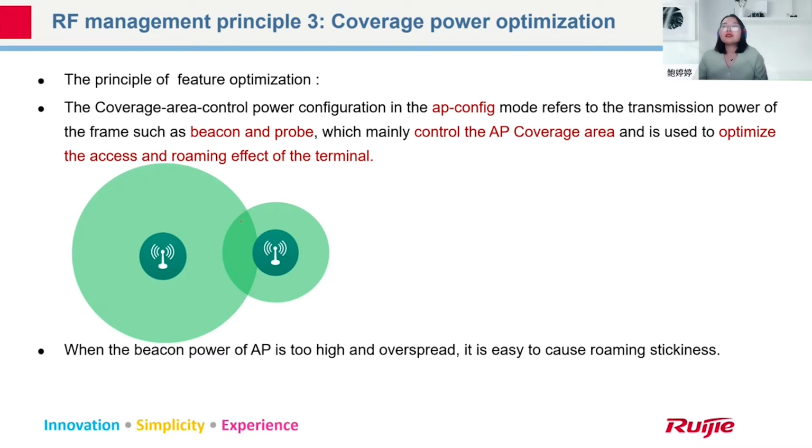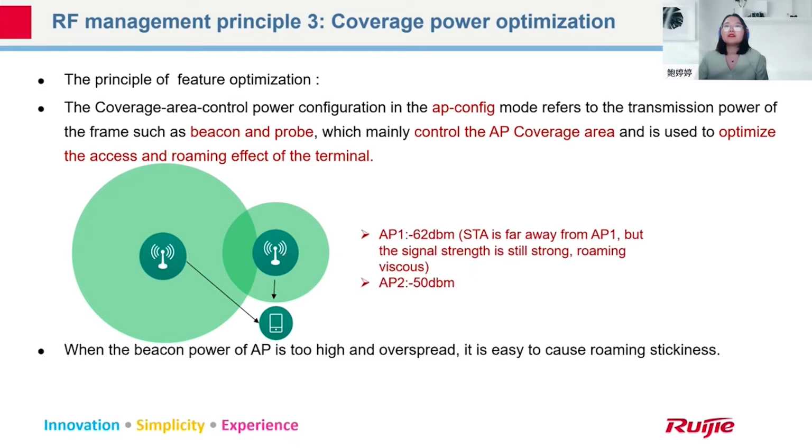So if the signal is very big, for example, like this topology, this is the range for AP1 and another range for AP2, and you have the terminal station connecting with them. For the first AP, we find the signal is -62 dBm, but for AP2 it is -50 dBm.